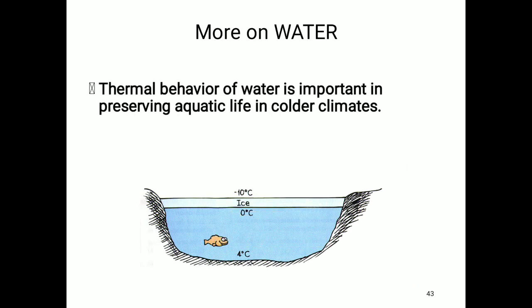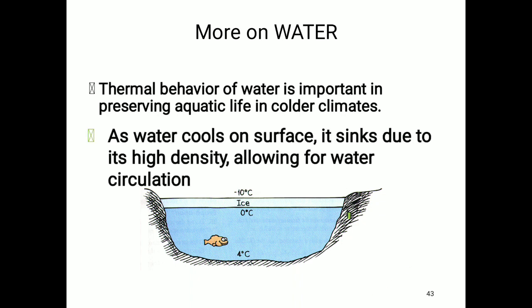We would like to see some more concepts of water. The thermal behavior of water is important in preserving aquatic life in colder climates. As water cools on the surface, it sinks due to its high density, allowing for circulation.